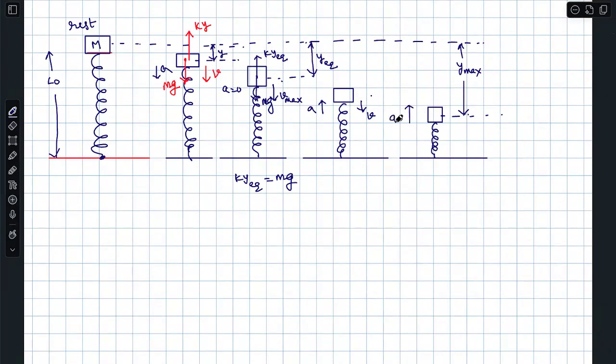The block will experience maximum upward acceleration, and the instantaneous velocity is 0. So this is called the maximum compression state. This is the relaxed stage, and this is the equilibrium stage.